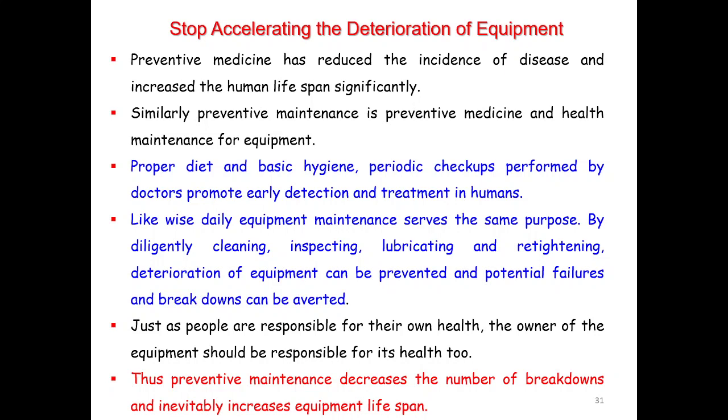Likewise, daily equipment maintenance serves the same purpose. By diligently cleaning, inspecting, lubricating, and retightening, the deterioration of equipment can be prevented and potential failures and breakdowns can be averted. Just as people are responsible for their own health, the owner of the equipment is responsible for his equipment's health too. Thus, preventive maintenance decreases the number of breakdowns and inevitably increases equipment lifespan.